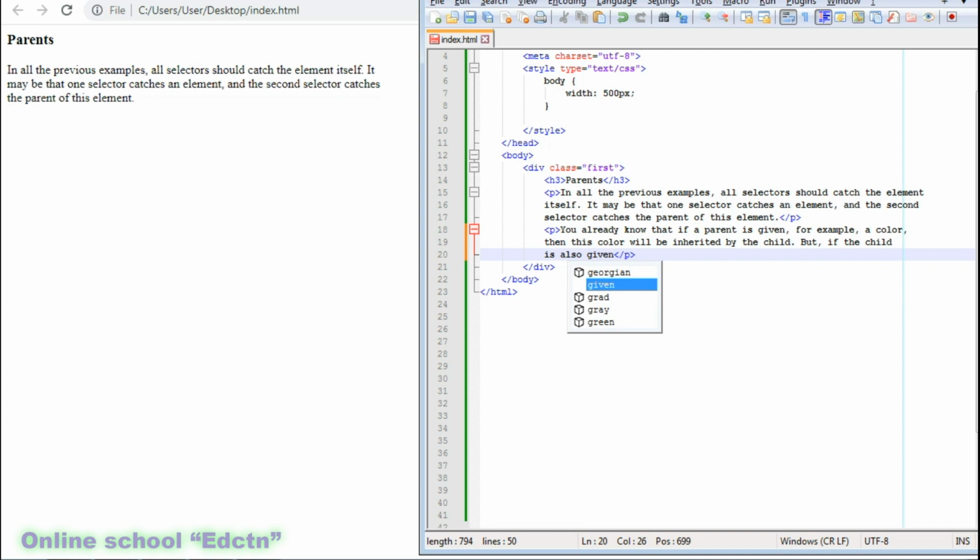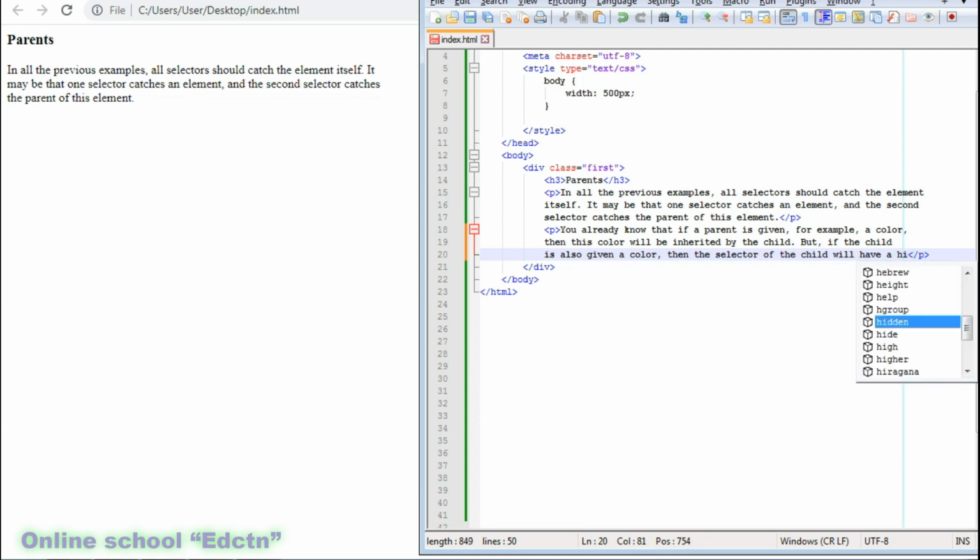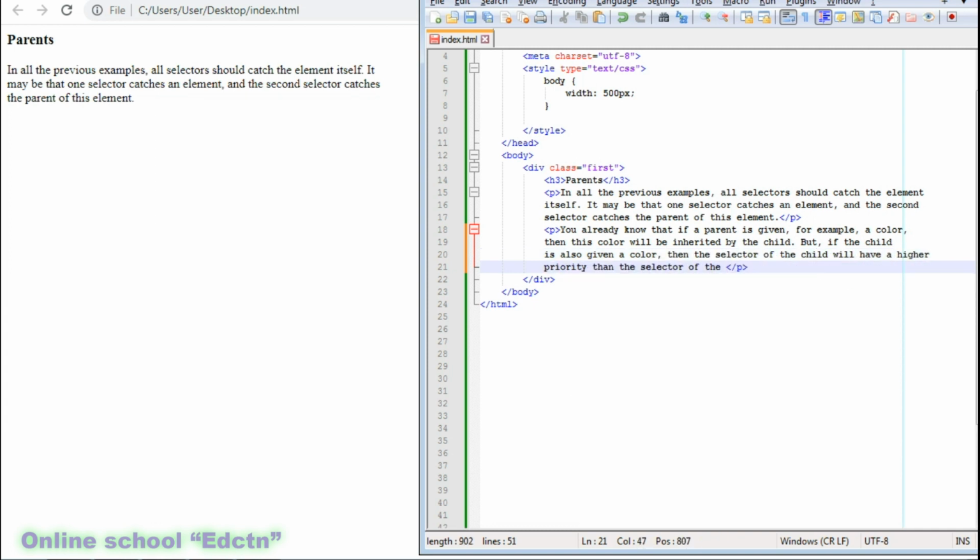But, if the child is also given a color, then the selector of the child will have a higher priority than the selector of the parent.